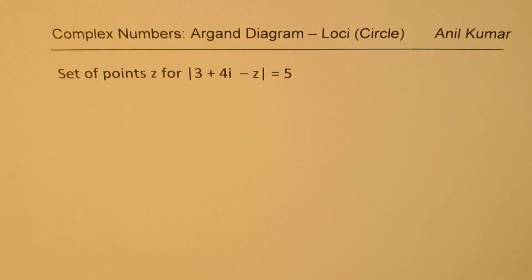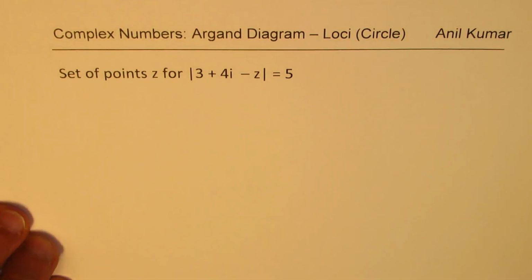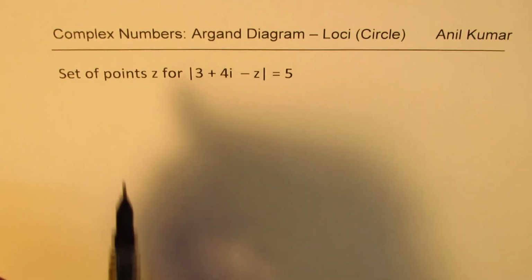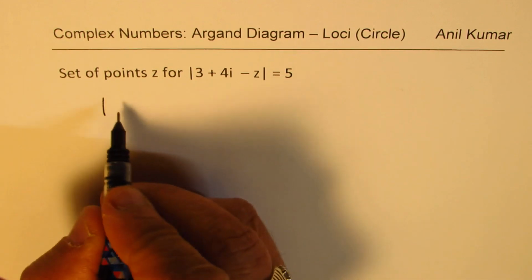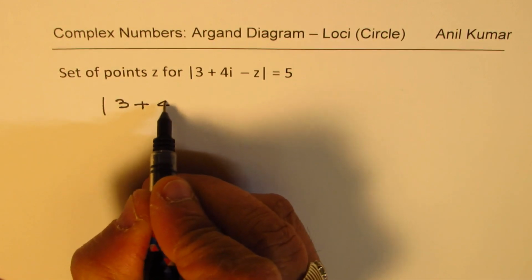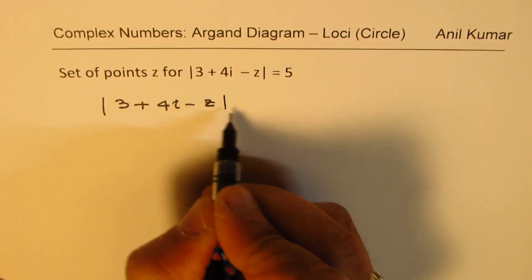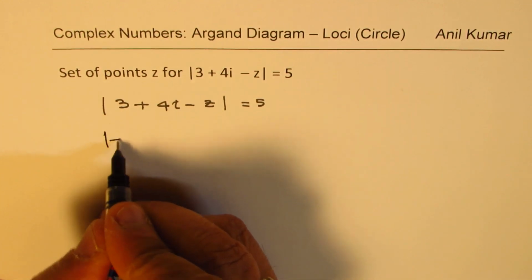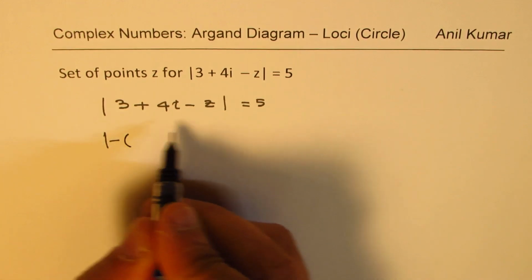Now here's the last question for you. You can actually pause the video and answer this. It is slightly tricky. So let's see how to work with this. You will see it is minus z here. We are given |3 + 4i - z| = 5. We always want to keep z positive, so we'll take the minus outside and rearrange.